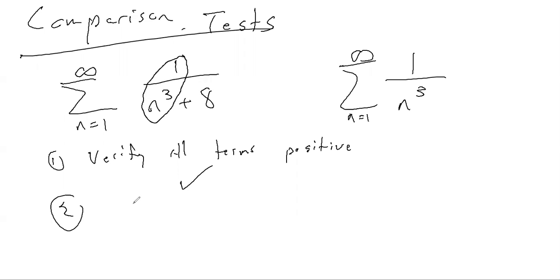I need 1 over n cubed plus 8 is less than or equal to 1 over n cubed. Is this true? Let's see. On the left side, I'm dividing by a larger number, so this fraction should be smaller. So we could say this inequality holds for n greater than or equal to 1.